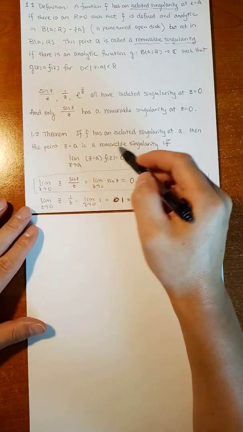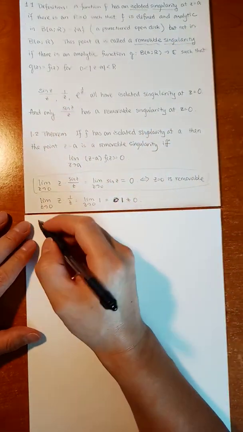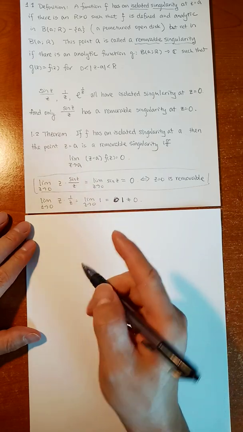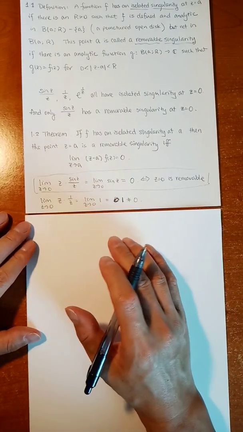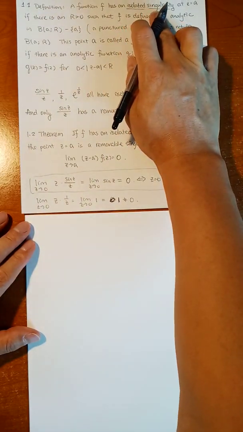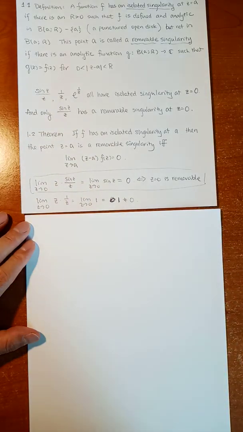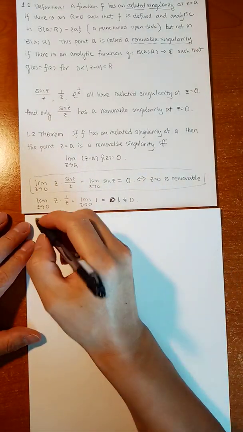Another remark before the theorem. Isolated singularity. We know that if you have a non-zero analytic function, all the zeros are isolated. But here, we specifically mention isolated singularity. It means there's some other singularity which is not isolated.